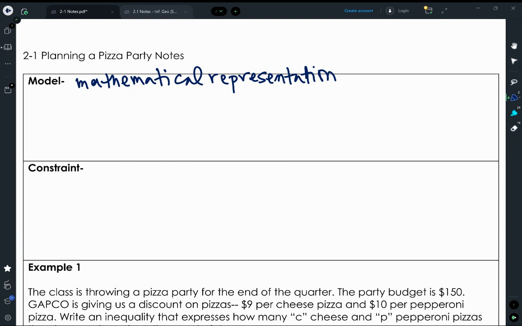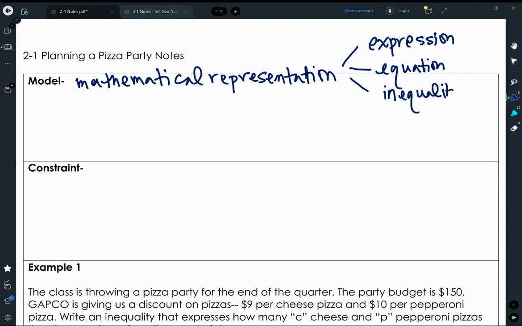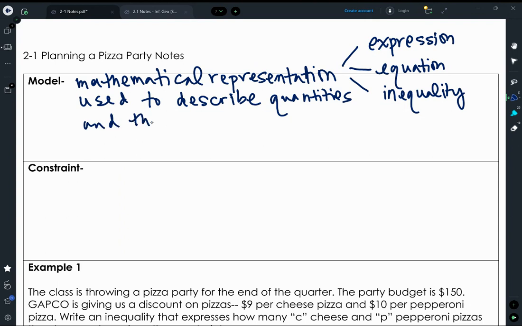And when we say representation, let's go ahead and define that. It could be an expression, it could be an equation, or it could be an inequality that is used to describe quantities and their relationships in real life situations.